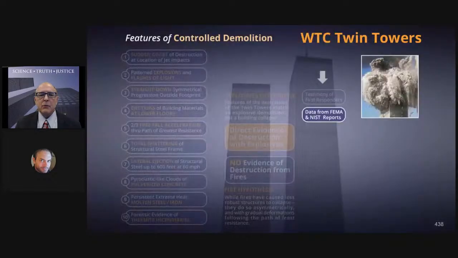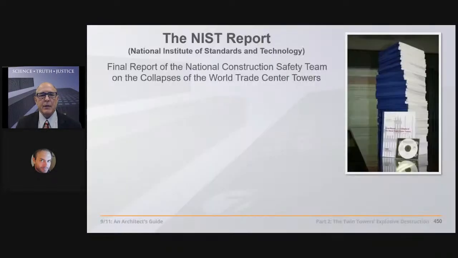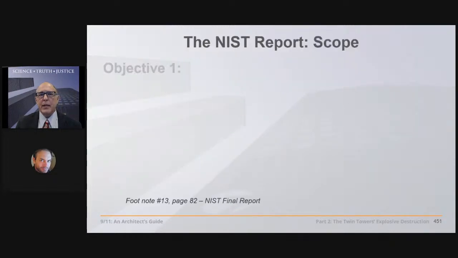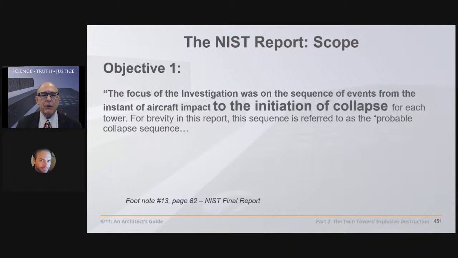And then we look at the data from the FEMA and NIST reports. The NIST report in particular, $20 million they had to spend, tasked by Congress to explain how these towers collapsed. But they had their own objective, and it's hidden in footnote 13 on page 82. The focus of the investigation was on the sequence of events from the instant of aircraft impact to the initiation of collapse.